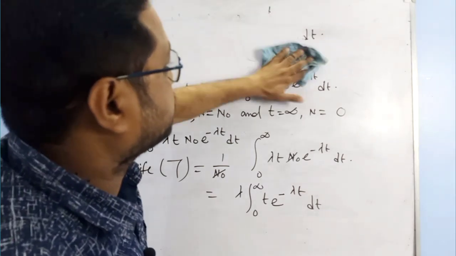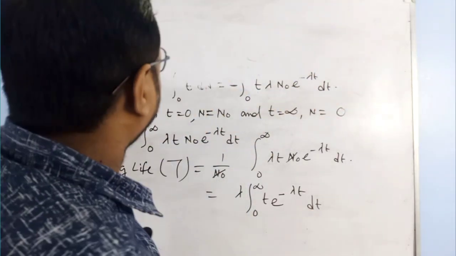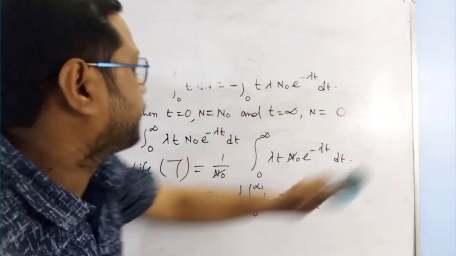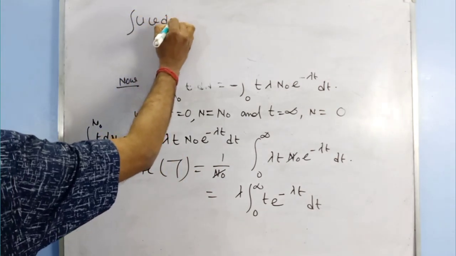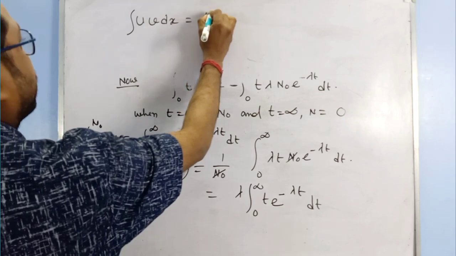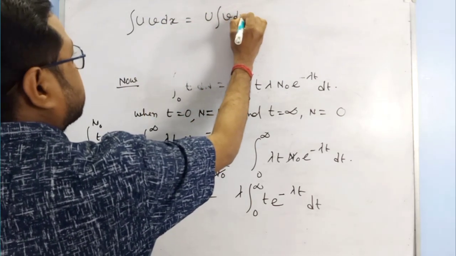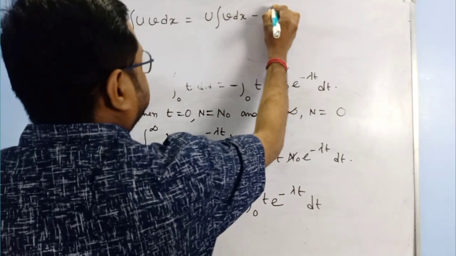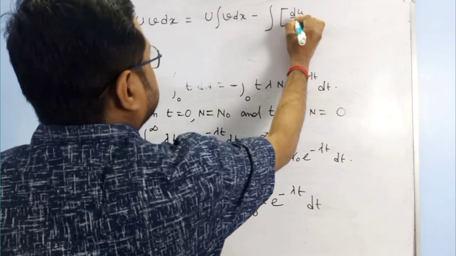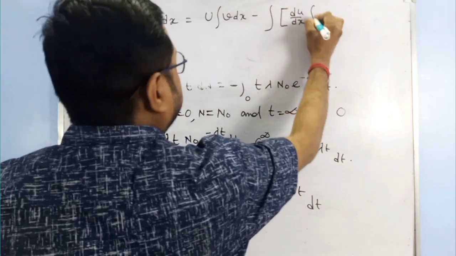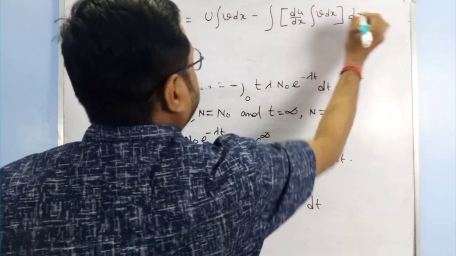What is the integration by parts formula? If you know it very well, fine; if not, please check out the board. The integral of u v dx is equal to u times the integral of v dx, minus the integral of du/dx times the integral of v dx, then the whole integration dx.